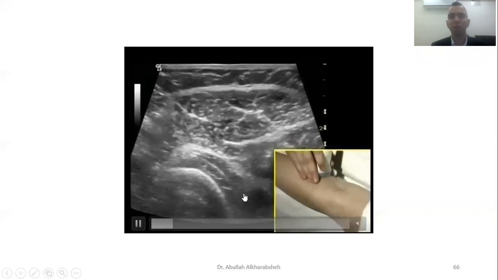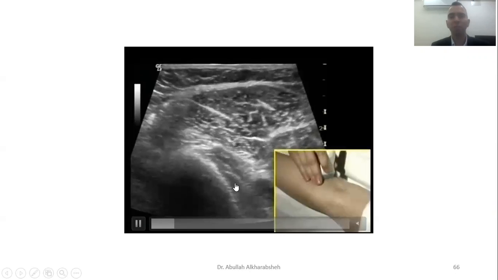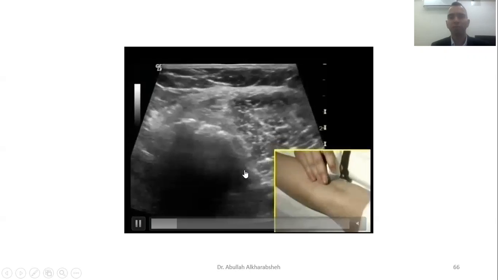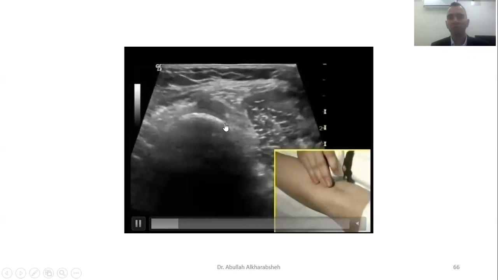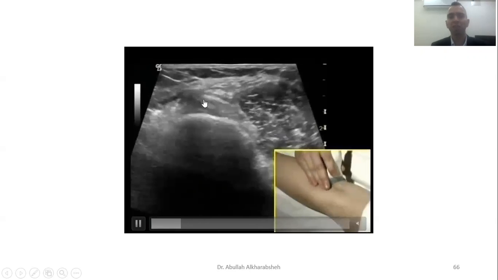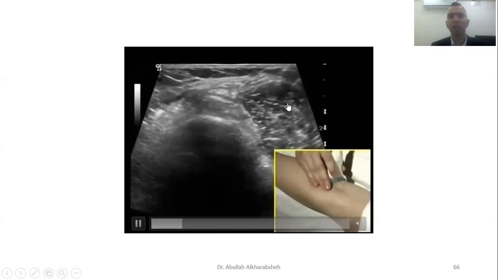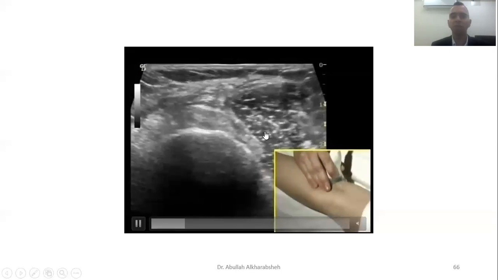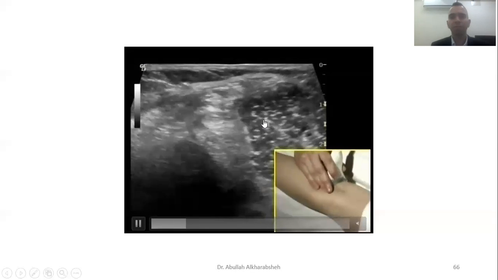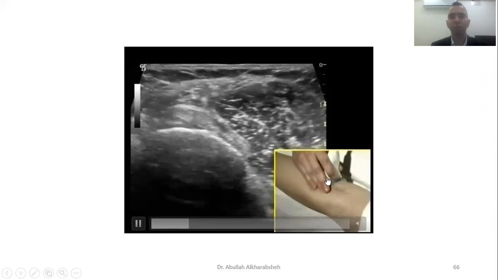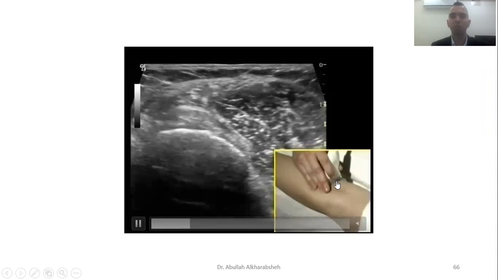We should examine carefully, and I go here up toward the joint. And this is the semimembranosus tendon and the muscle, and here the medial head of gastrocnemius muscle. And here, trying to explore the whole structure in the posterior compartment.